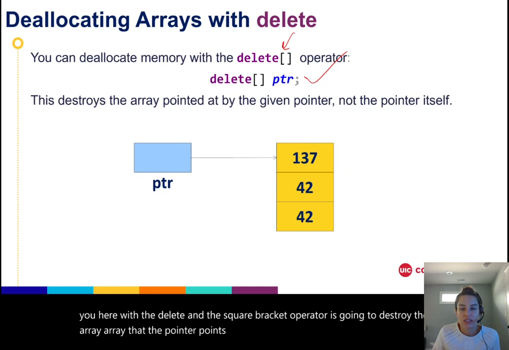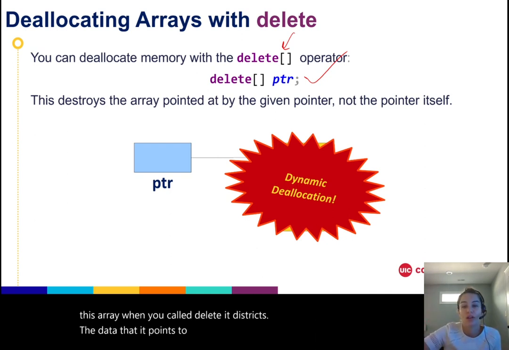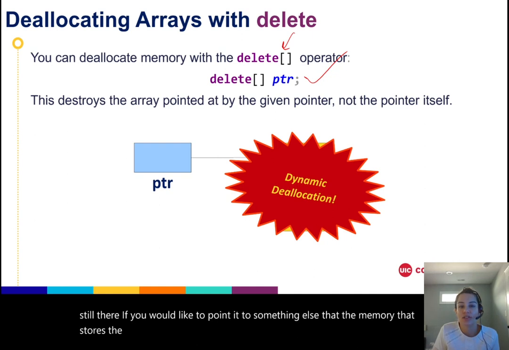So here you can see the pointer points to this array. When you call delete, it destructs the data that it points to. It doesn't destruct the pointer itself, so the pointer is still there if you would like to point it to something else. The memory that stores the pointer is still available to your program.